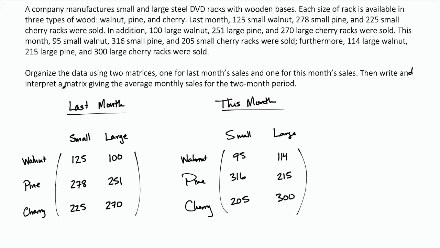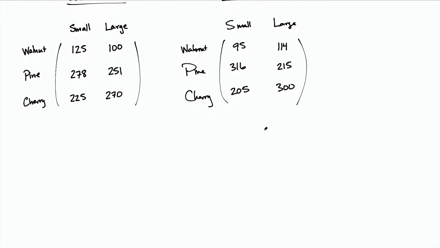Then we want to write and interpret a matrix giving the average monthly sales. Well, given 2 numbers, to find the average, you simply add them and then divide by 2. So we can do that same thing here. We can take these matrices, 125, 100, and we're going to add them and then divide by 2, and that will give us our average.